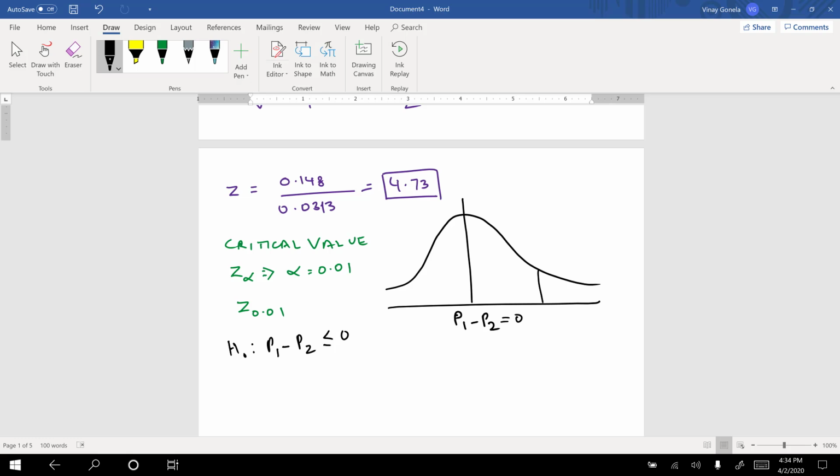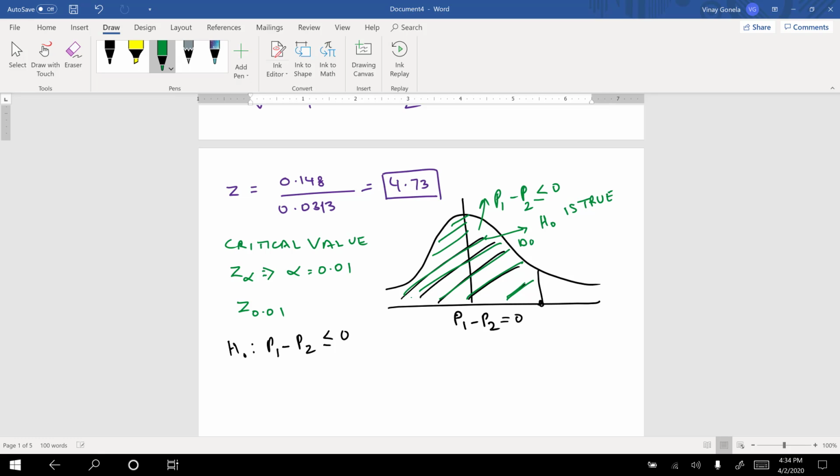So you have a certain value, and this area, maybe I will use a green color, is where P1 minus P2 is less than or equal to 0. That means in this area your H null is true, or the other way of saying is, do not reject H null.